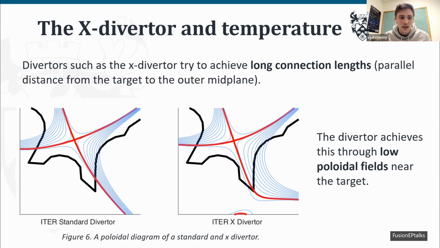These little changes in magnetic field, not changes in how big your divertor region is, are much easier and less expensive to achieve. But like I said, this is also limited by, you can't decrease your poloidal field too much at the target, because there's a limit on how shallow you can make the angle of intersection of your field line and your target. If anyone wants to know why, I can also answer. But does that answer your question, Guido? Yes, thank you. Okay, perfect, thanks.